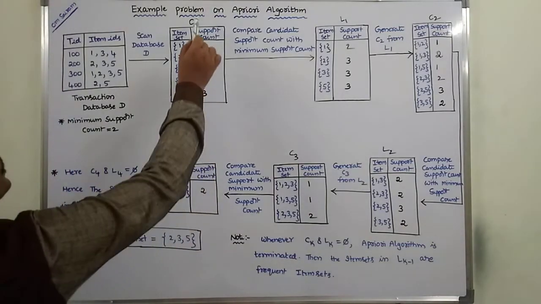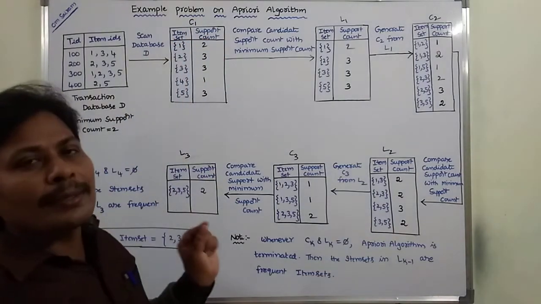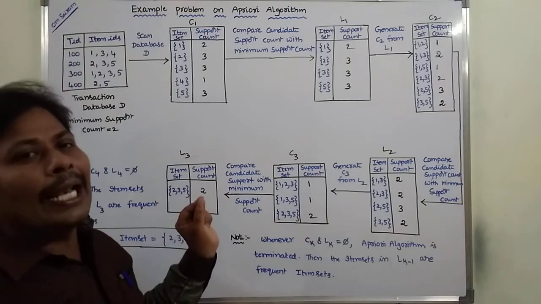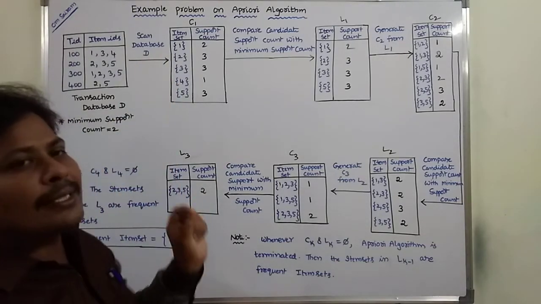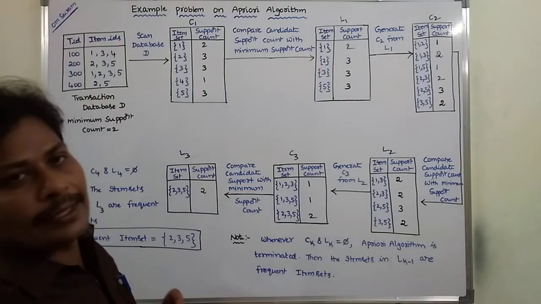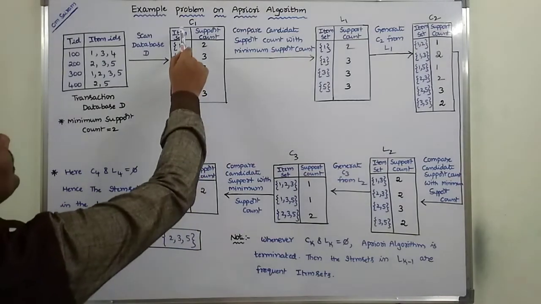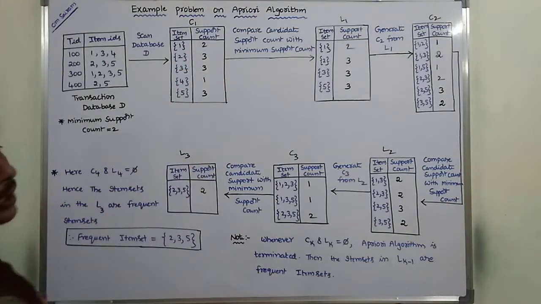The candidate item set 1, meaning an item set that contains a single item, is represented by C1, with columns item set and support count.